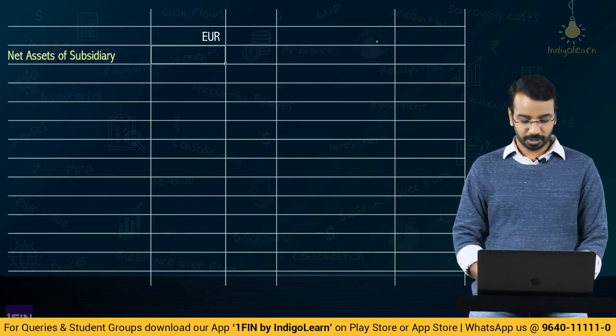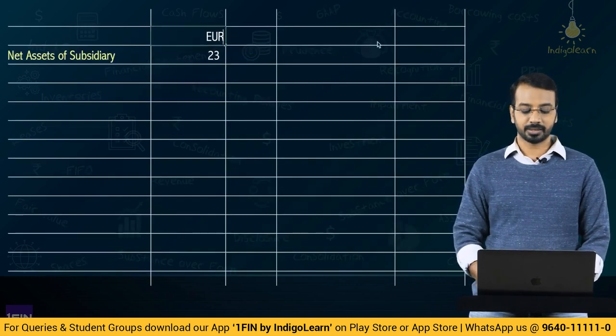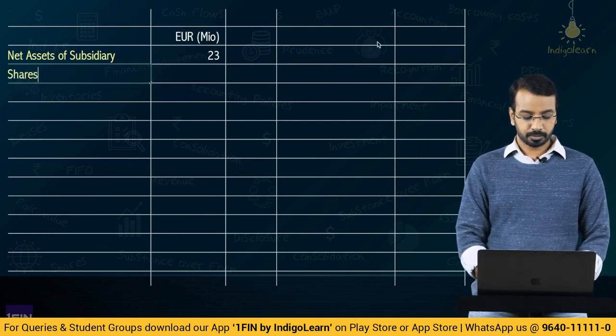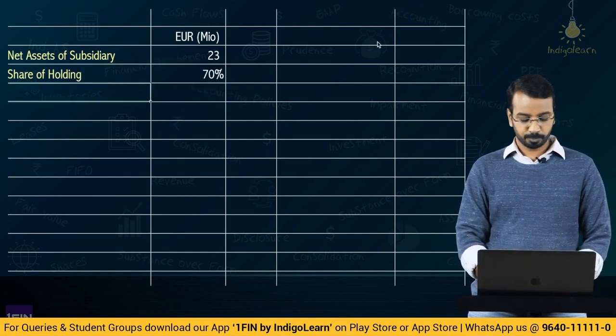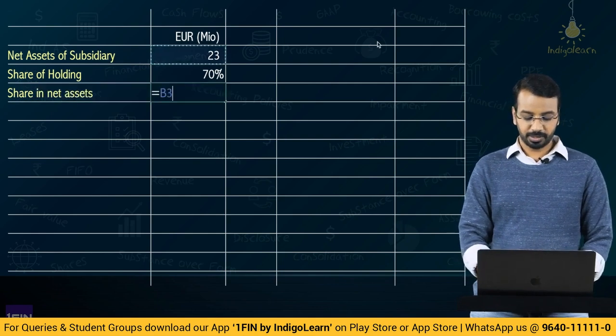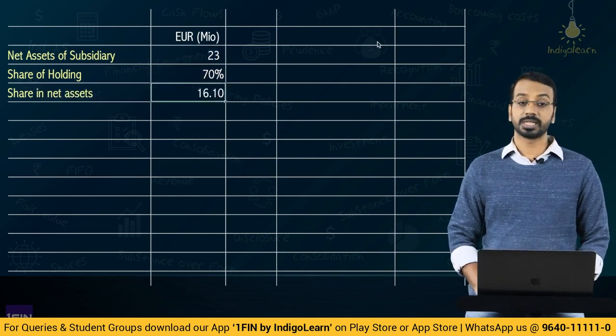So, 23 million is the net assets, in euro million. Share of holding is 70%. So, the share in net assets is 23 multiplied by 70%, that comes to 16.1.